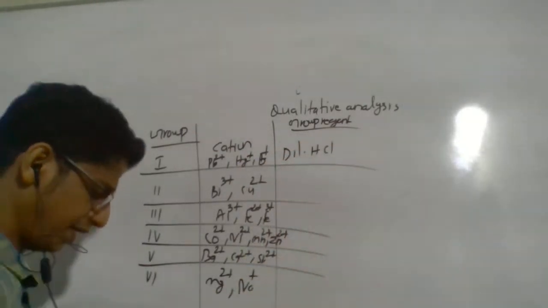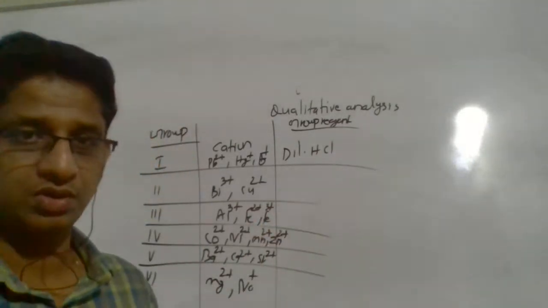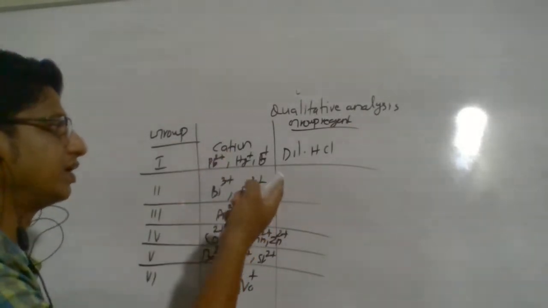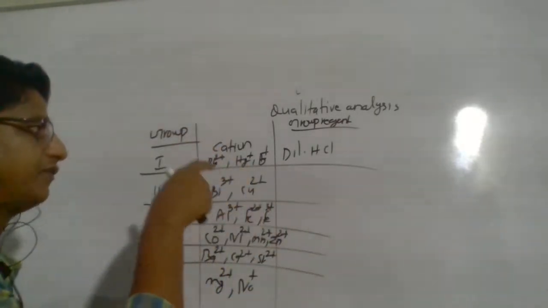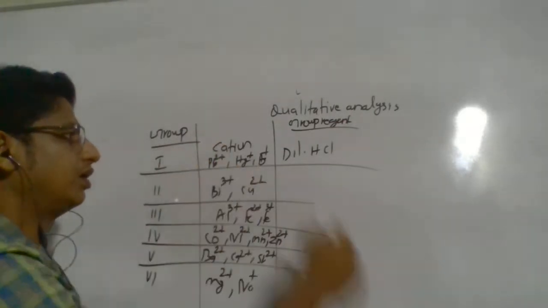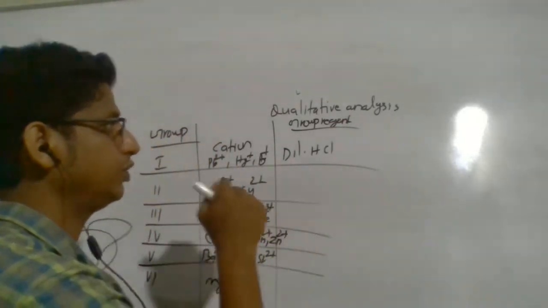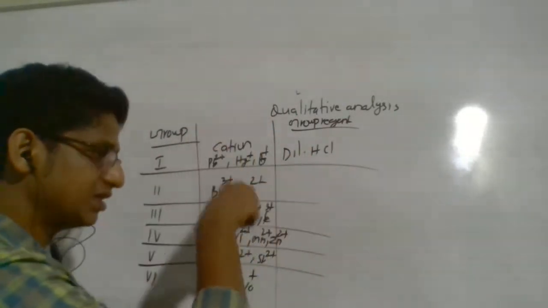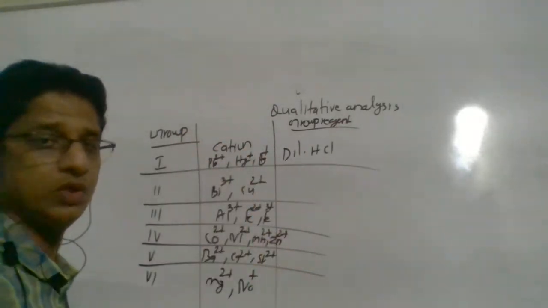If you add dilute HCl to the given solution and some precipitation occurs, the group 1 is present and the possible cations are lead 2+, Hg+, Ag+, etc. After identifying the group 1, you have to specifically go for whether it's lead or mercury or silver. So if dilute HCl is added and precipitation occurs, group 1 is present. Dilute HCl is our group reagent.